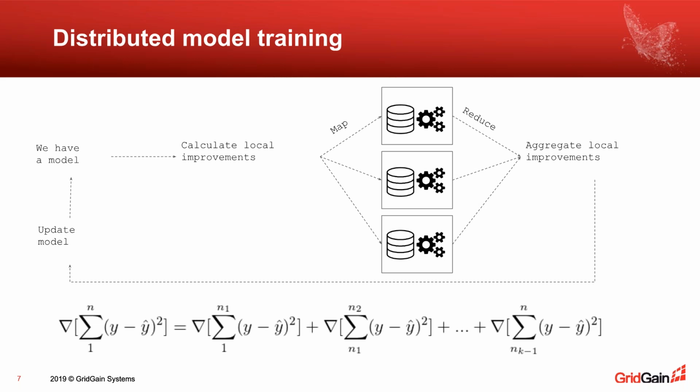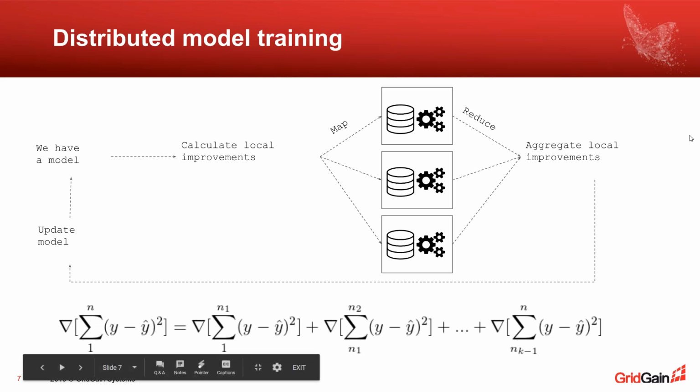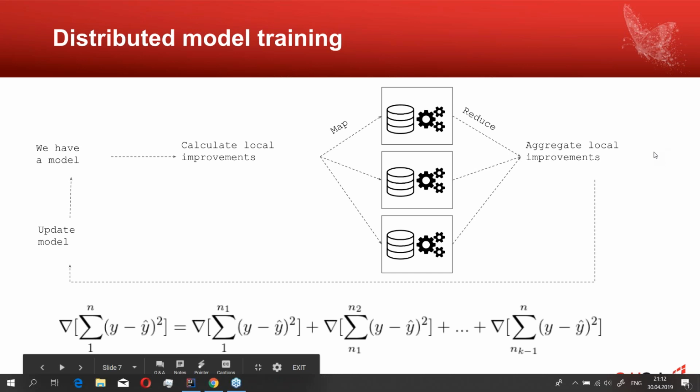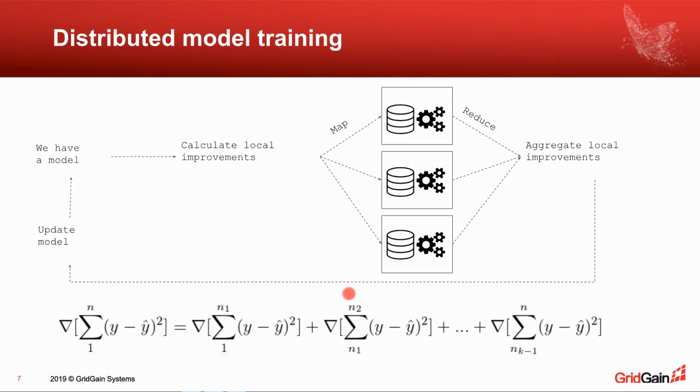In that case, we just use a simple MapReduce scheme. We send some calculation task, and we compute the local gradient on each node.